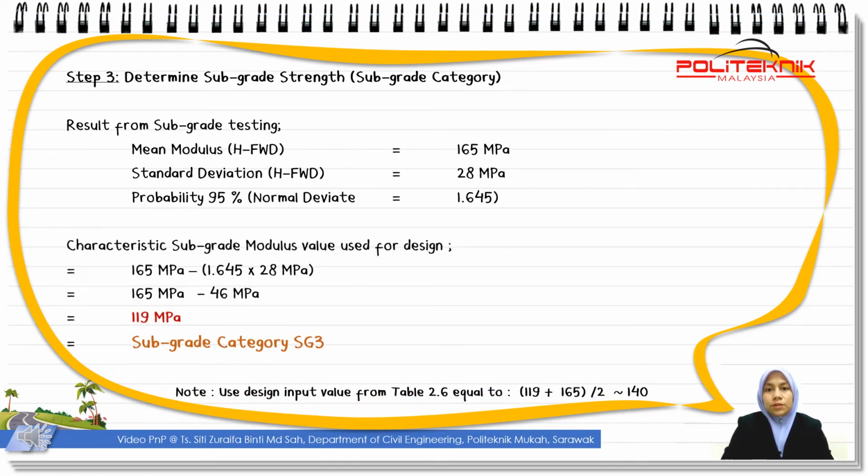When you get the value of characteristic CBR value used for design, you must refer to table 2.6 and match with the suitable value from the list of subgrade category.